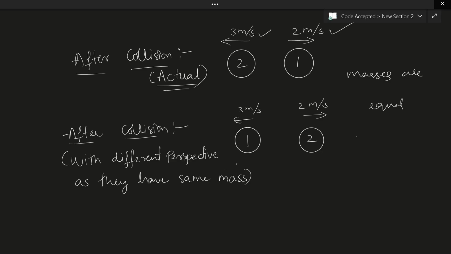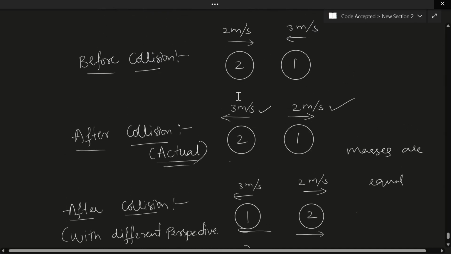What do I mean by this? Actually ball 2 is on the left and ball 1 is on the right. I'm just imagining that ball 1 has crossed ball 2 and went towards the left, and ball 2 has come to the right. This is just a visualization.